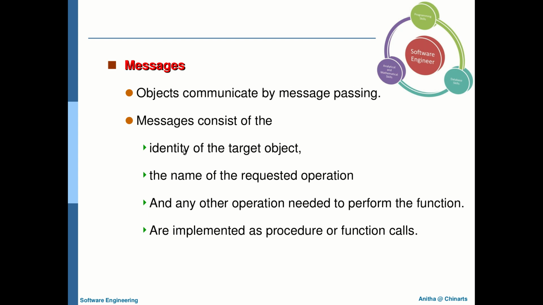The message will contain to whom it has to communicate, which you call the target object, and for what it is communicating. Some kind of service it wants is specified as the requested operation. Then if you want to get your service, some other related services should also be done. That is what you call other operations needed to perform the function.